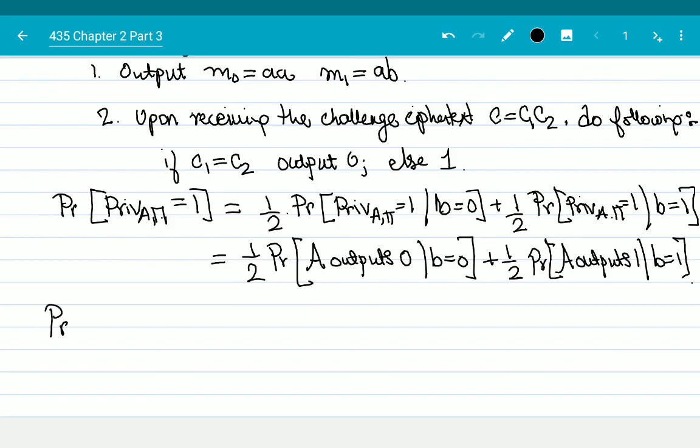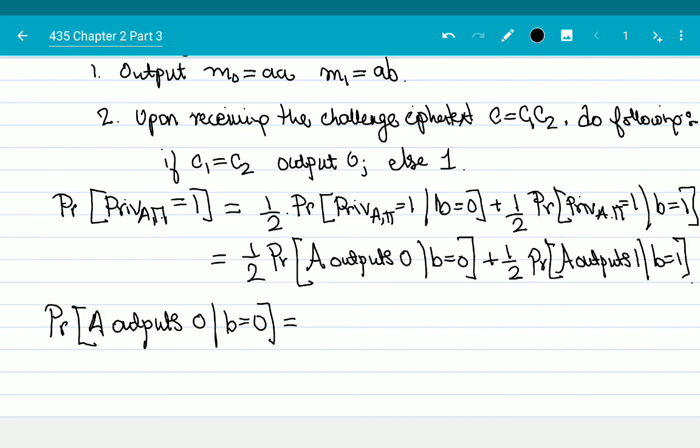The probability that A outputs 0, B is equal to 0 is what? Well, A outputs 0 only if the condition is going to be AA. So in the first case, if the period is 1, then it happens always, right? When you're dealing with period 1, that's basically the shift cipher, whatever you're shifting by.